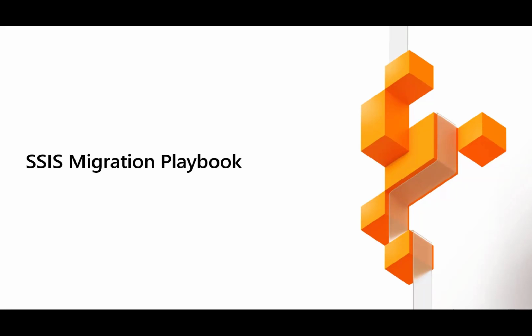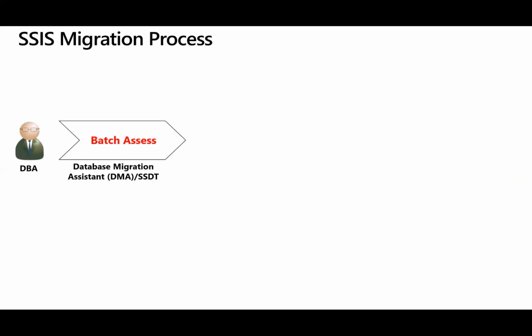Let's go through the SSIS migration playbook. So the migration process usually starts with a DBA, the database administrator, right? The DBA can use multiple tools to access existing SSIS packages. You can use the Data Migration Assistant or DMA, or even SSDT.